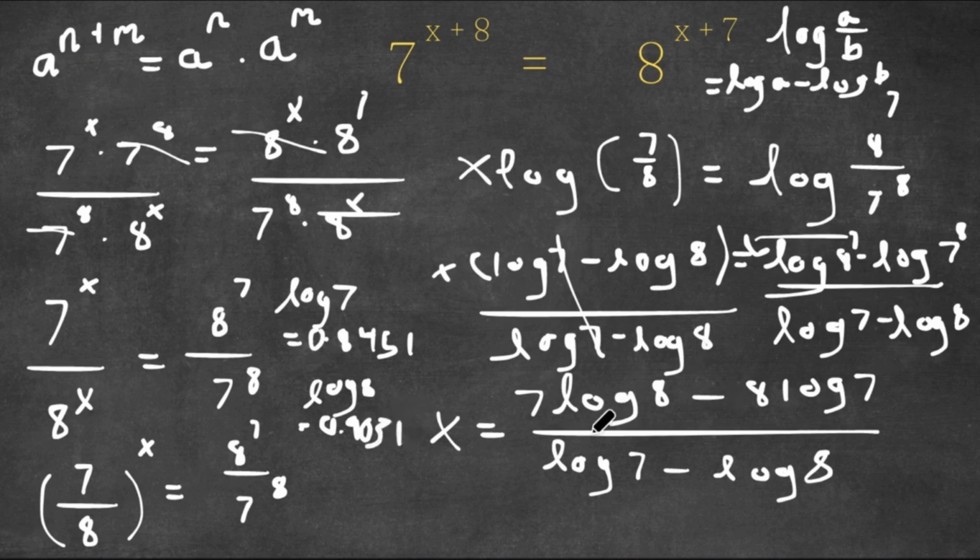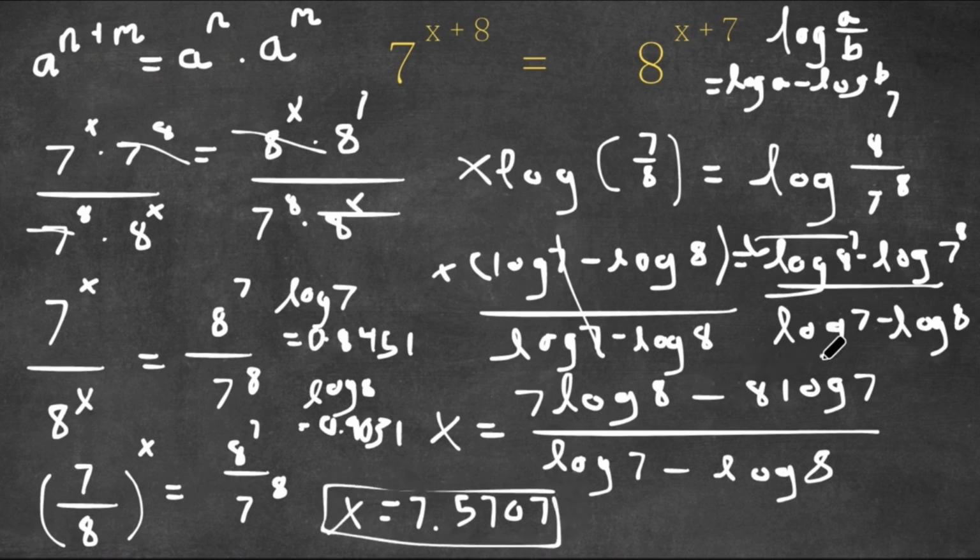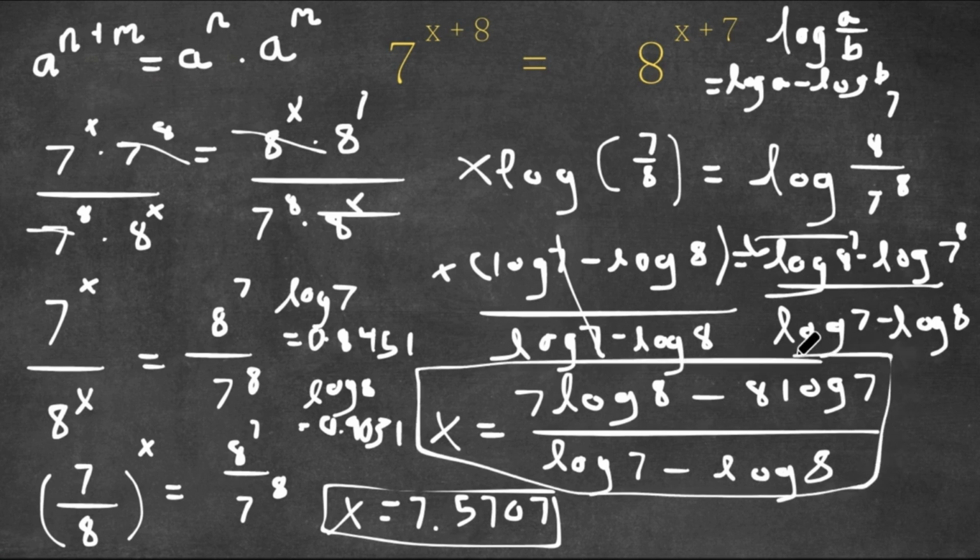So if we plug these values in for x, we get x is equal to 7.5707. So this is our answer. And we can also write it like this. Doesn't really matter. But yeah, that's our answer.